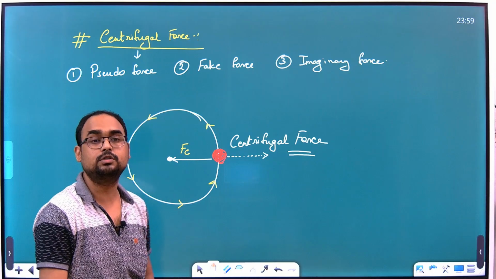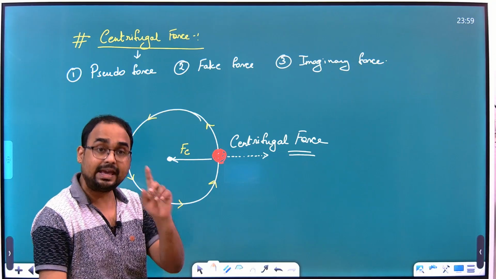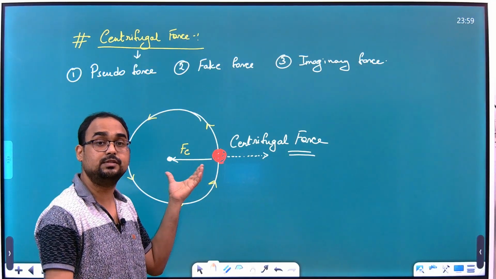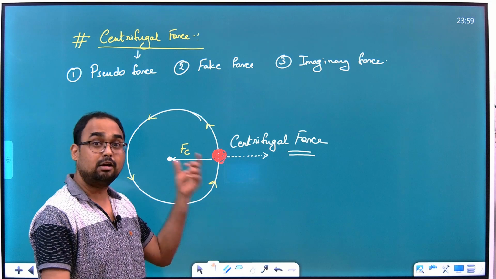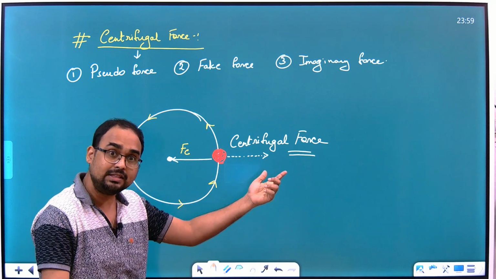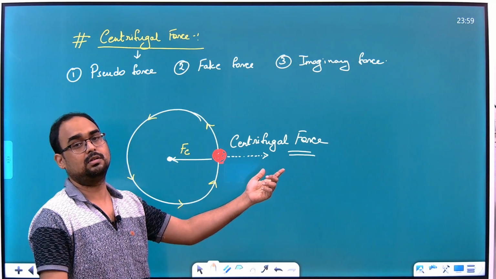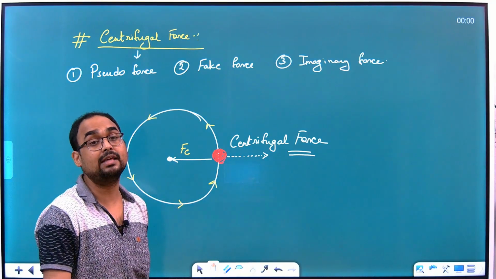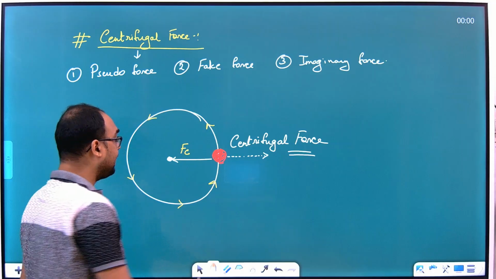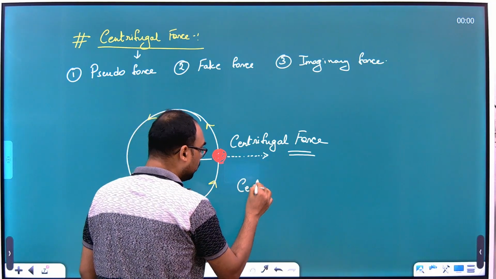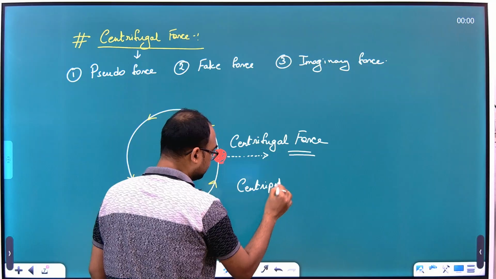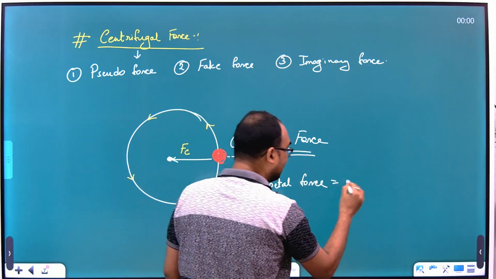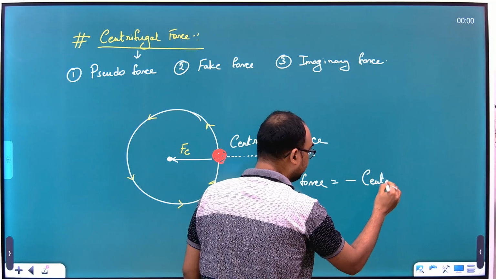This imaginary force is known as the centrifugal force, and hence the word imaginary or fake, because you don't feel this force. You feel only this force, because this force is counterbalanced with that force. So that's why it is a fake or pseudo or imaginary force. So we can always write that centripetal force is equal to negative of centrifugal force.